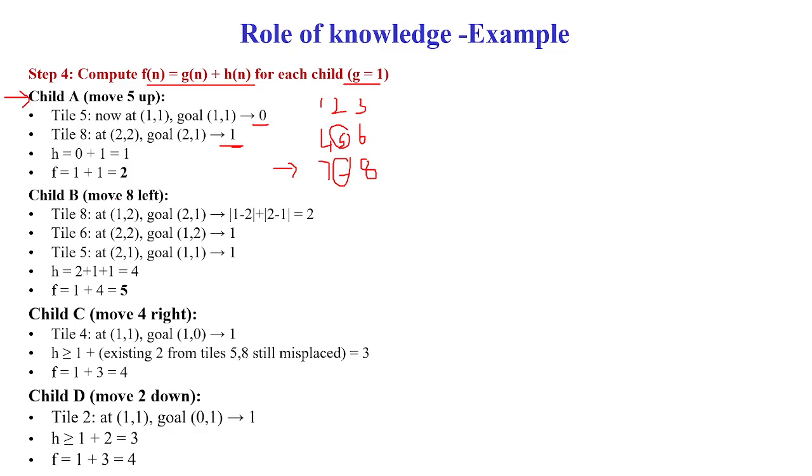Now we'll talk about the second move, that is move 8 left. How will your grid look? Your grid will look 1, 2, 3, 4, 6, your blank will be here, 7, 5 and 8.